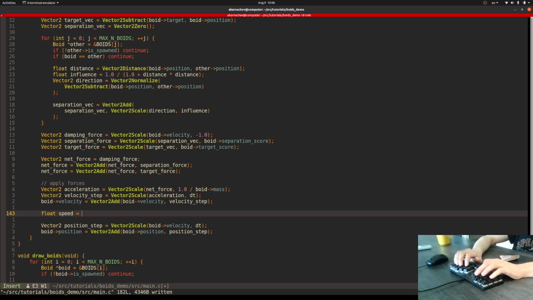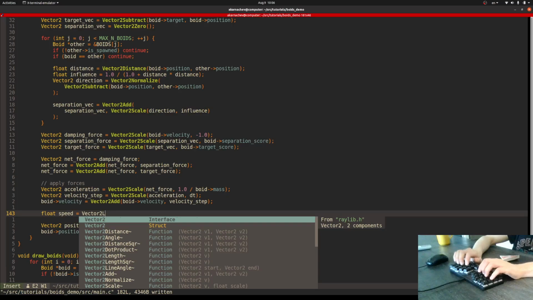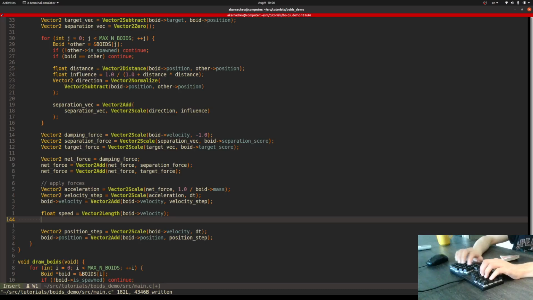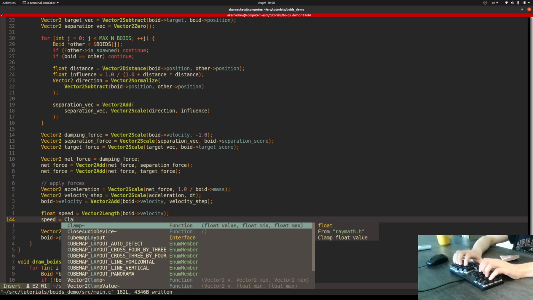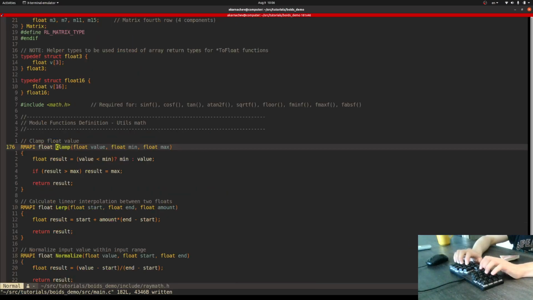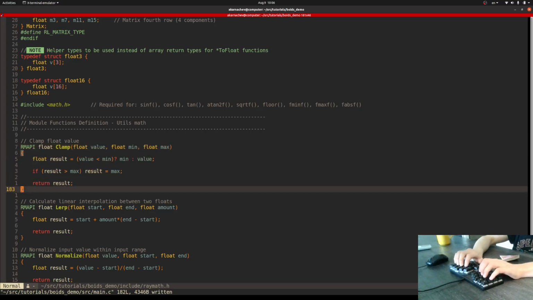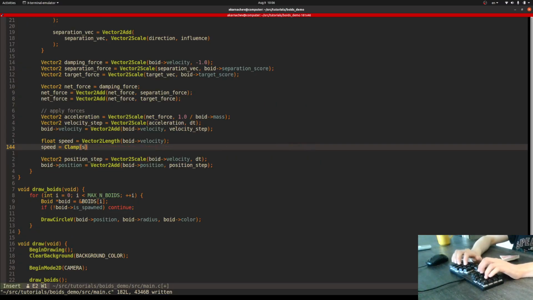It's just the magnitude of the velocity vector. Vector2Length Boid velocity. Let me clamp it. Speed is equal to Clamp, which is a function in raylib which simply does this. It's just clamping the value. Value speed, Boid minimum speed, Boid maximum speed.